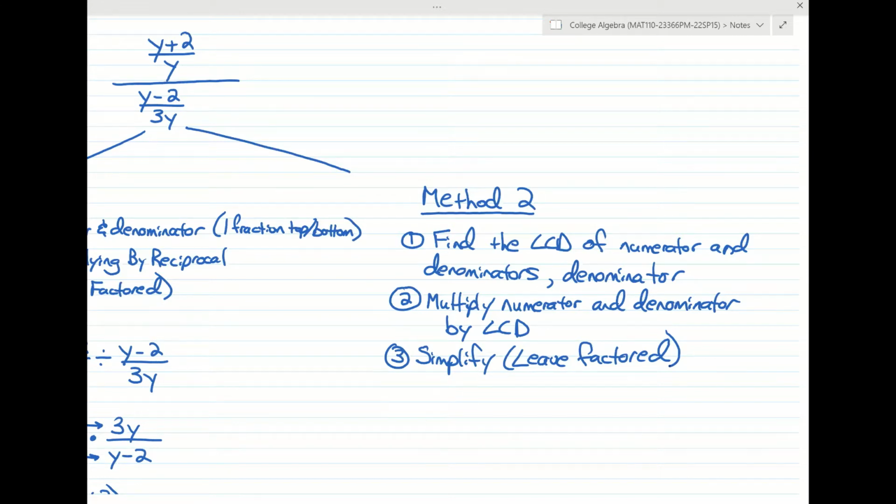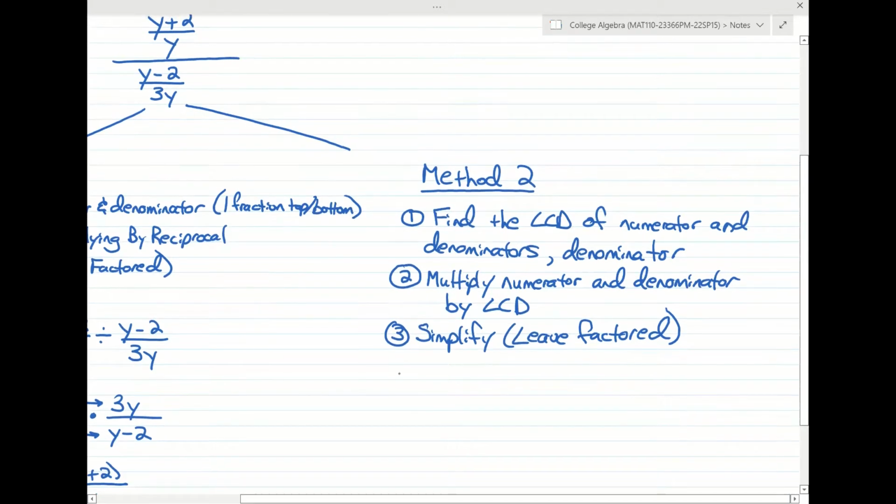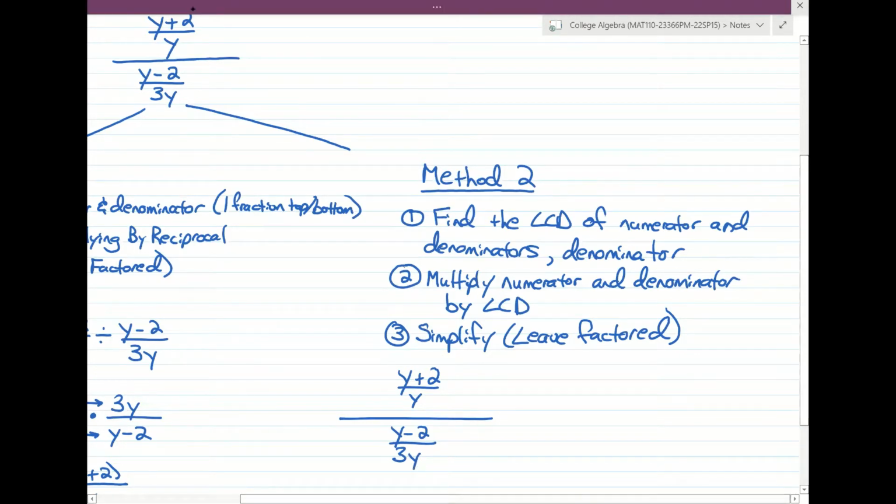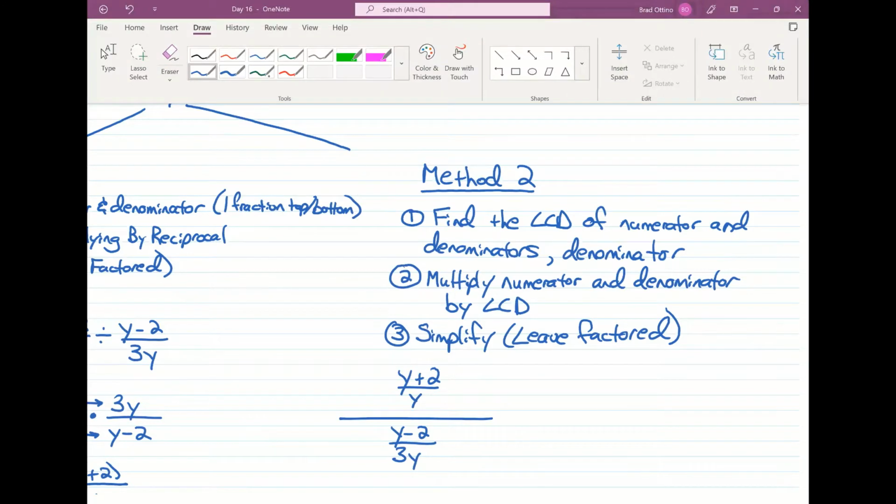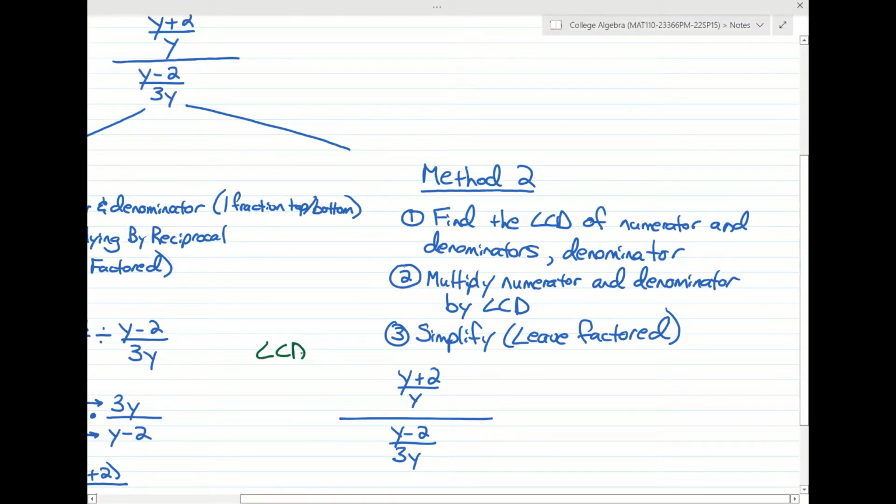Let me show you what that looks like for this problem. So we have y plus 2 over y divided by y minus 2 over 3y. What would be the least common denominator for y and 3y?